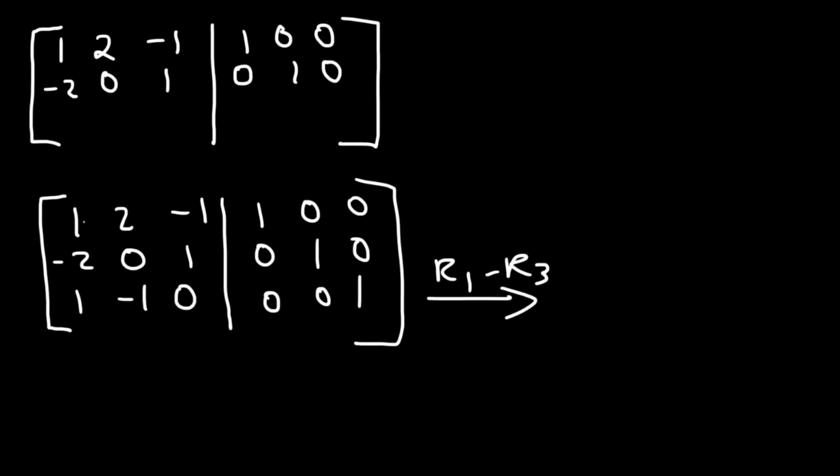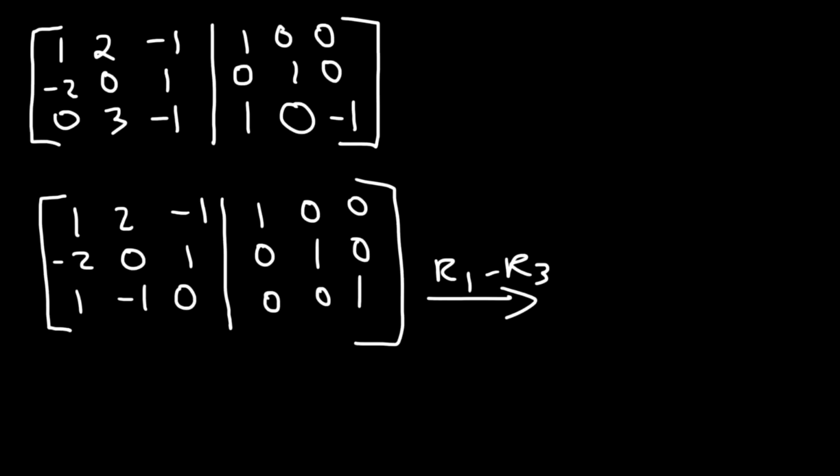Now for row 3, it's going to be 1 minus 1, so that's 0. And then it's 2 minus negative 1, or 2 plus 1, which is 3. And then we're going to have negative 1 minus 0, so that's negative 1. And then 1 minus 0 is 1. 0 minus 0 is 0. And then 0 minus 1 is negative 1.